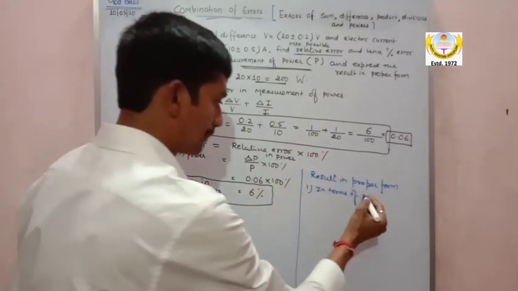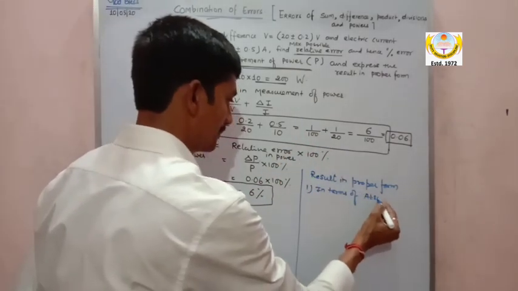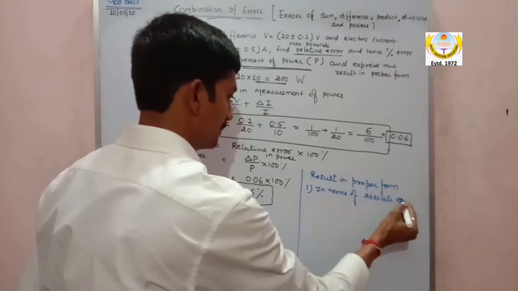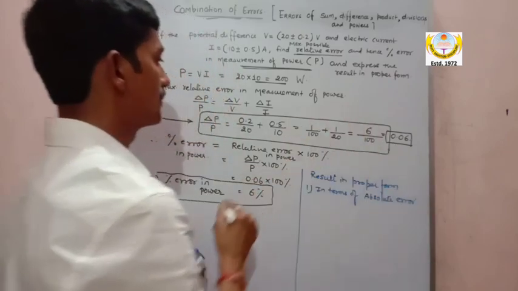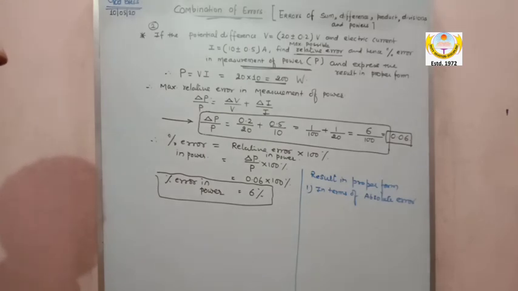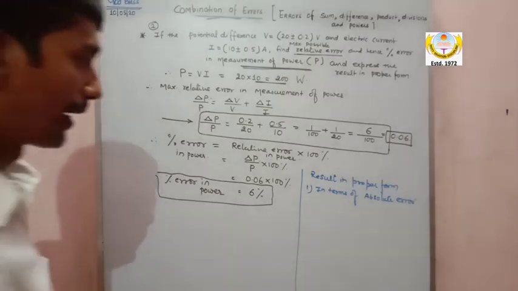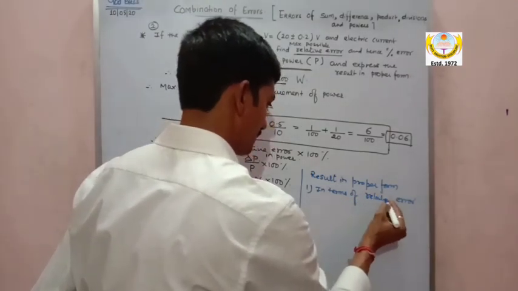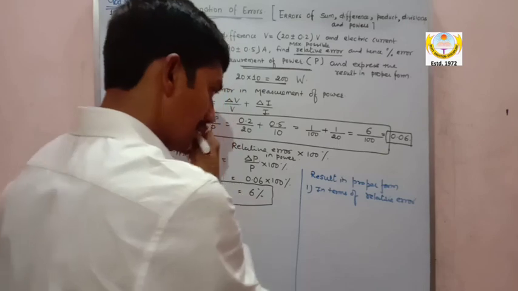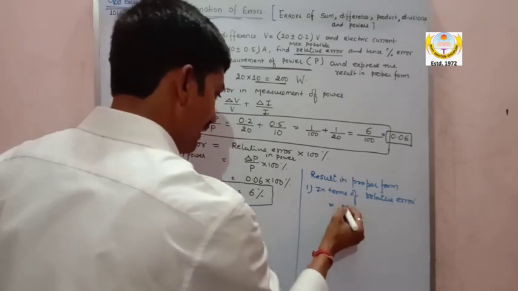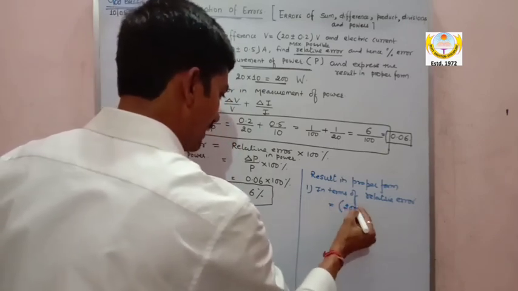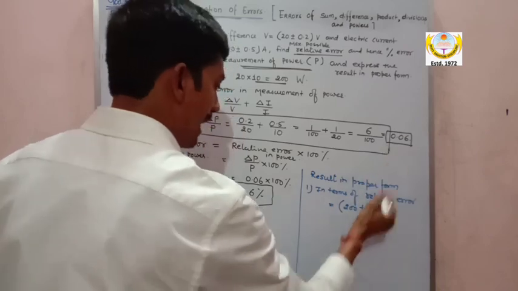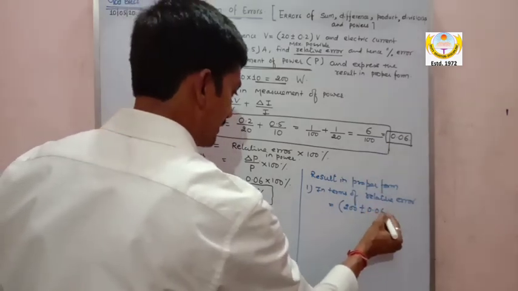First I will write the result in terms of absolute error or in terms of relative error. So the answer of this will be 200 plus minus 0.06.